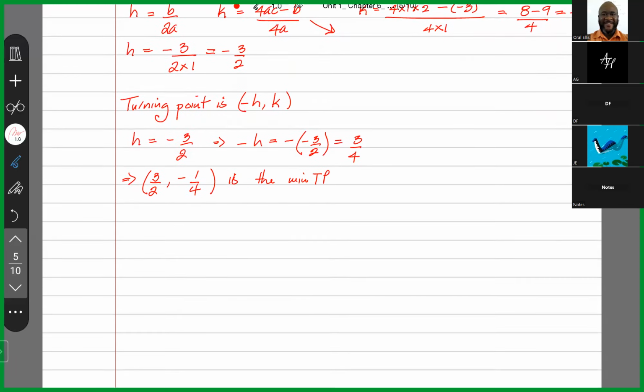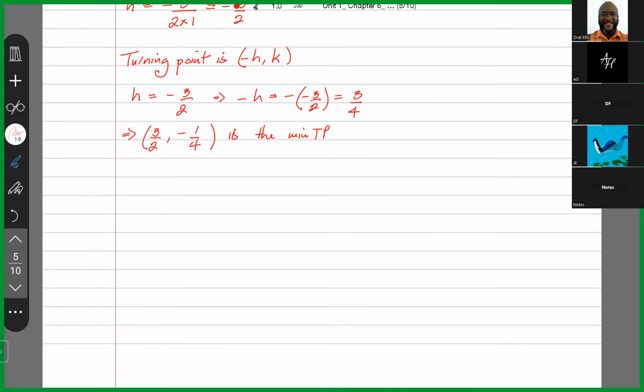Now I can make my sketch of the graph. I have my y-axis. I have the x-axis. All right, let us say that this is 1 and that this is 2. Down here, this is minus 1.